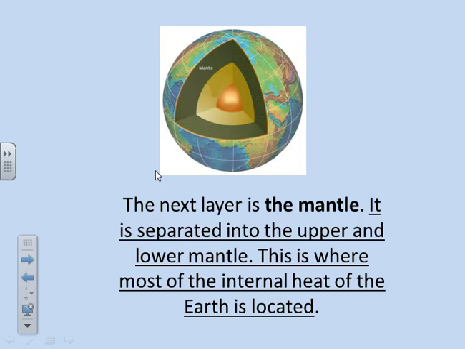And like I said, we'll talk specifically about that here in a few slides. So the mantle is separated into the upper and lower portion, and it's where most of the internal heat of the Earth is located.